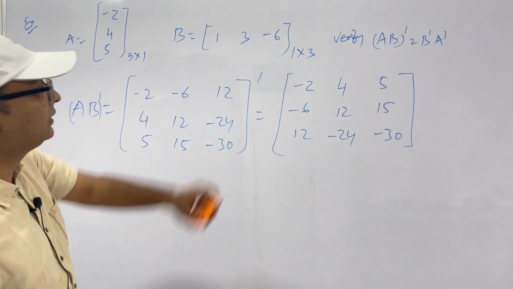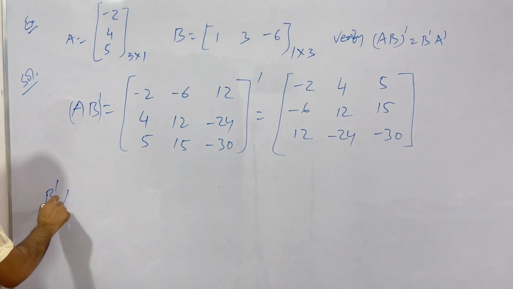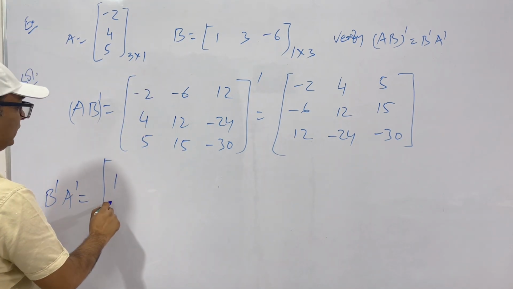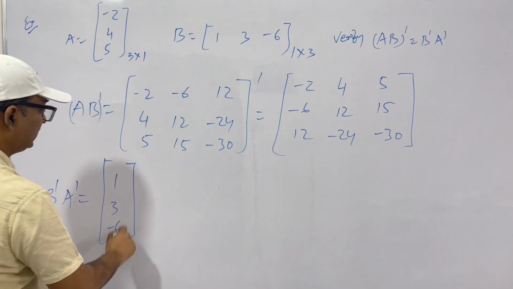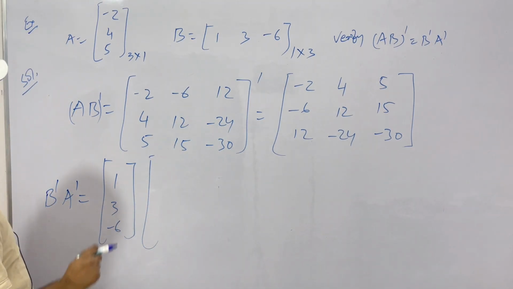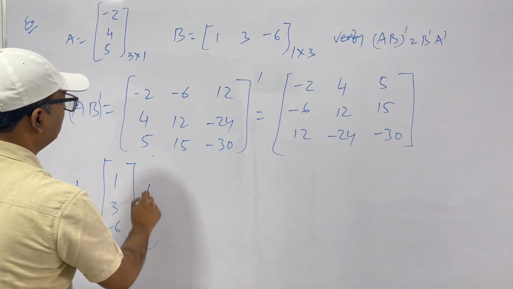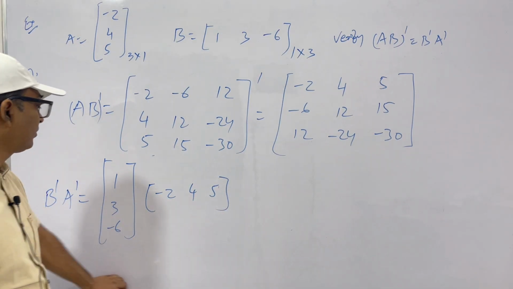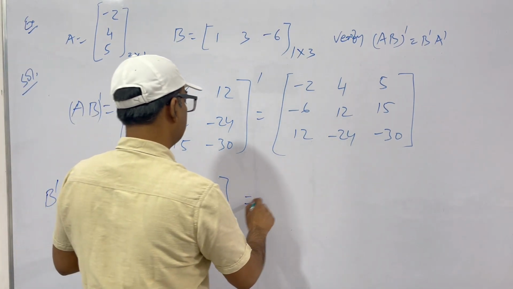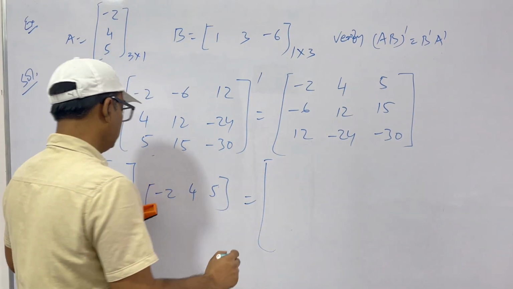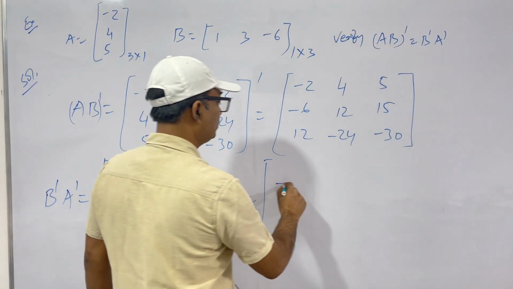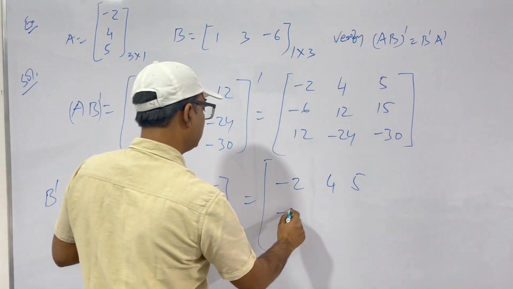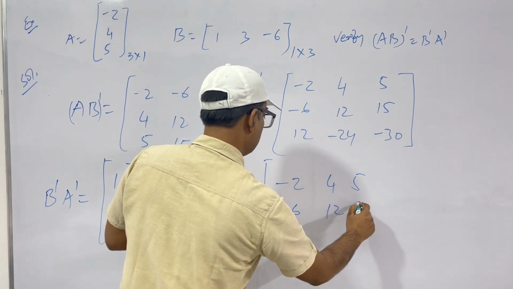Now we have to see B'A'. What is B'? We have 1, 3, -6. This is B' into A'. This will become -2, 4, 5; then multiplied by 3, so this is -6, 12, 15.